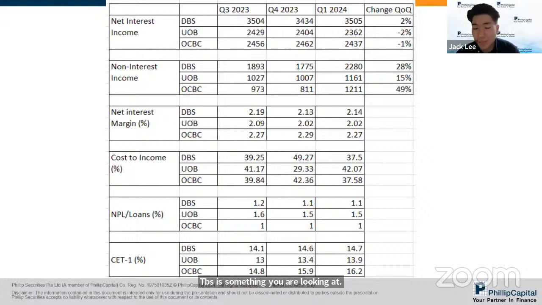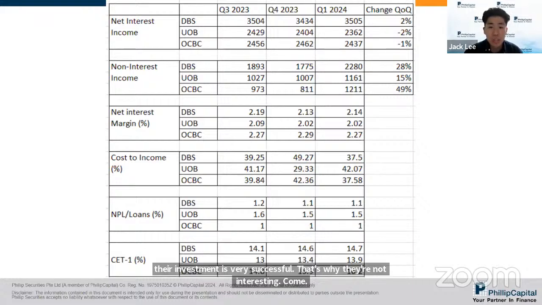But if you are more aggressive, I think OCBC is something we are looking into right now because looking at the ratios, non-interest income growing 49% is really good. I think they have done a lot of promotions right now, and their wealth management and investment have been very successful. That's why the non-interest income is going up a lot this quarter.